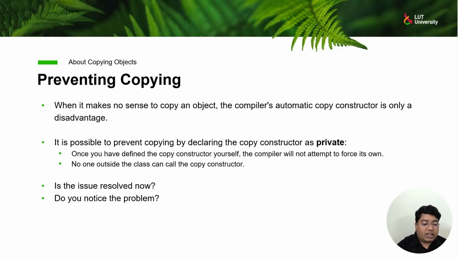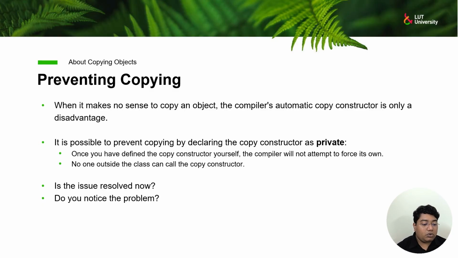Sometimes the right answer isn't to copy an object at all. Think about a database connection or a file stream or network socket. What would it even mean to make an exact duplicate? Often copying simply doesn't make any sense. Older C++ code solved this by making the copy constructor private.